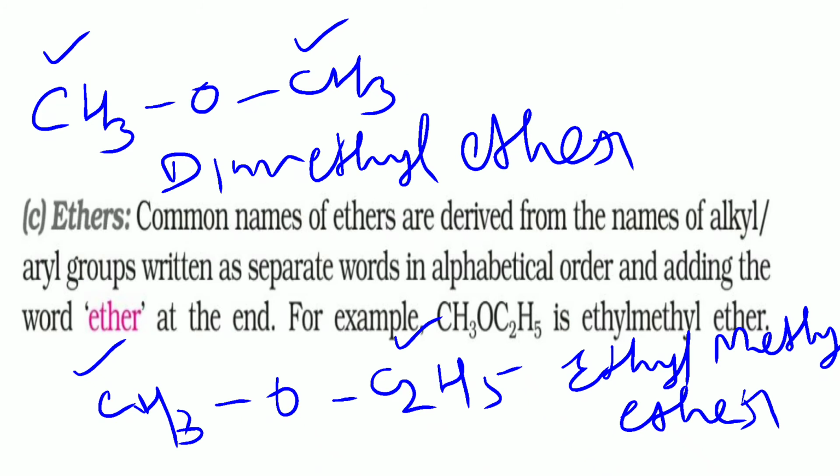But when we talk about the IUPAC name, the shortcut I am giving to you: you can write alkoxyalkane. The alk means the number of carbons, right?